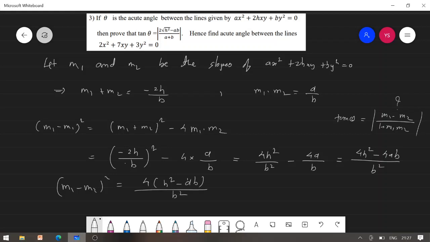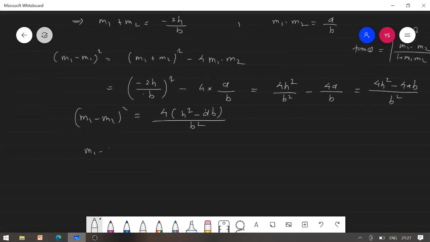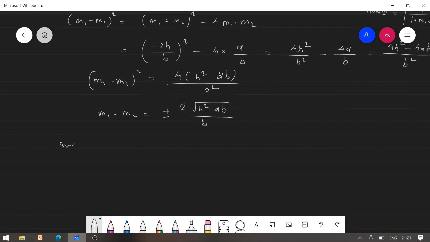We will require m1 minus m2 only. So taking the square root on both sides, we get m1 minus m2 equals plus or minus 2 times root of h square minus ab divided by b. So we have, for the acute angle between two lines, tan theta equals modulus of m1 minus m2 divided by 1 plus m1 into m2.